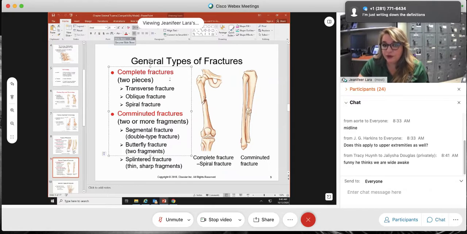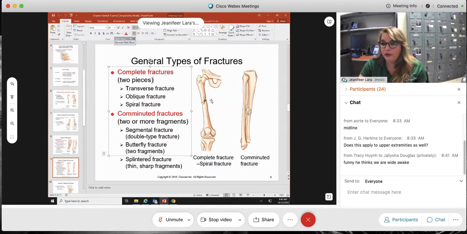Complete fractures, which we know are what? Complete, right? They go all the way through and through, and can either be described as transverse, or they look oblique, meaning a line down, or they're spiral. They start off on one end, posteriorly or anteriorly high, and end up low on the other side.